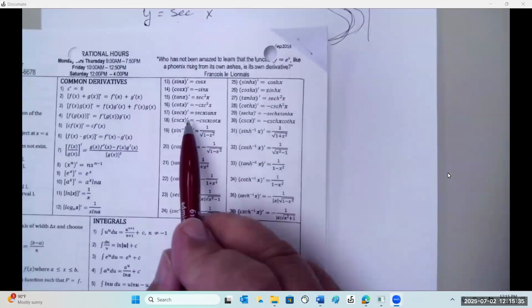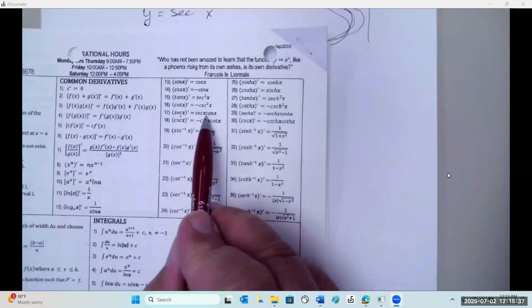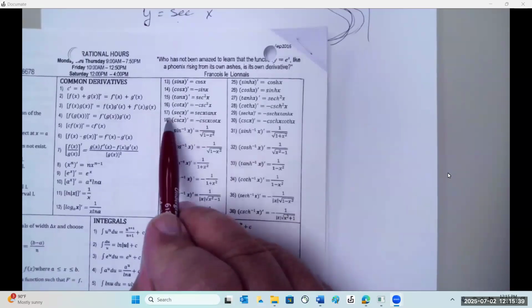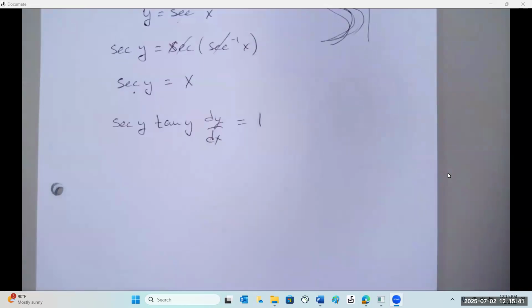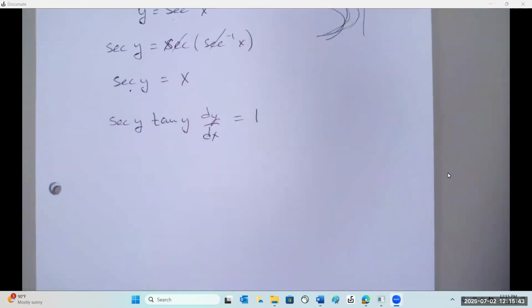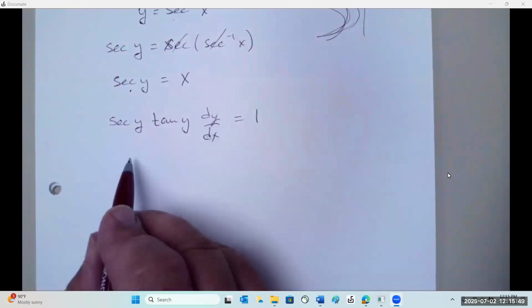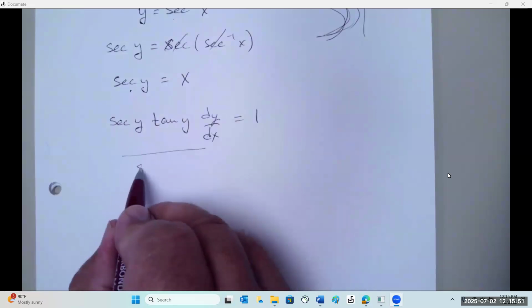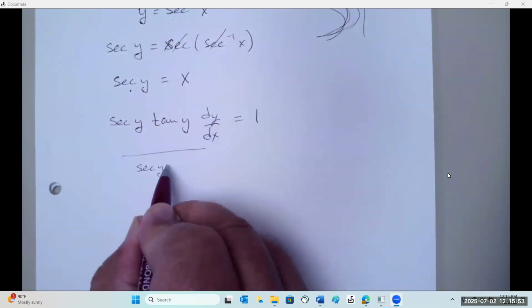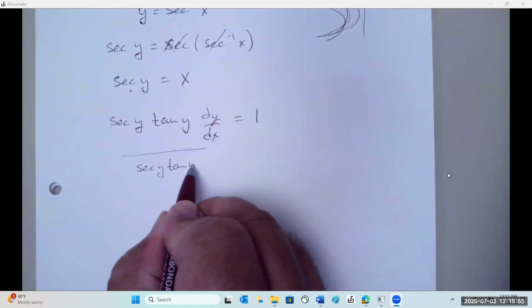Rule number 17. We're looking for the derivative, so we have to solve. So we divide both sides by secant y, tangent y.